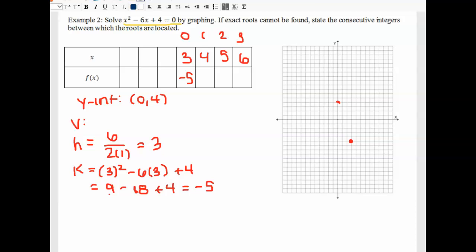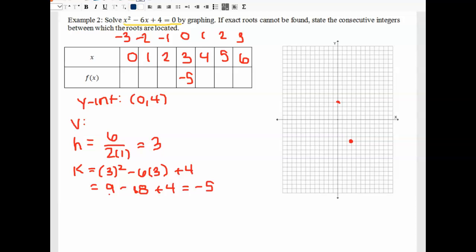And then you can go the opposite direction. So negative 1 plus 3, which is 2, negative 2, and negative 3. So we see that my x values in my table go 0 to 6.